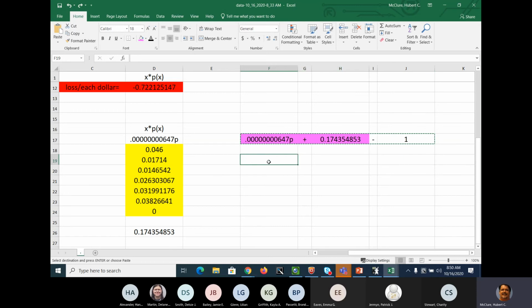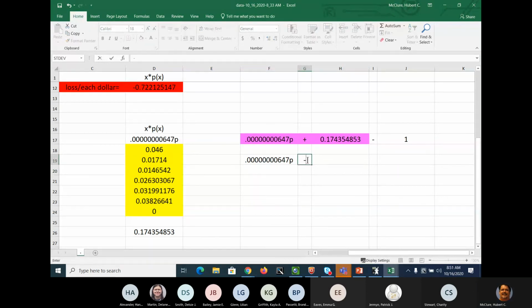Okay, so anyway, equals this guy plus, well, now it's going to be a negative because equals this guy minus 1. And all this is equal to 0.